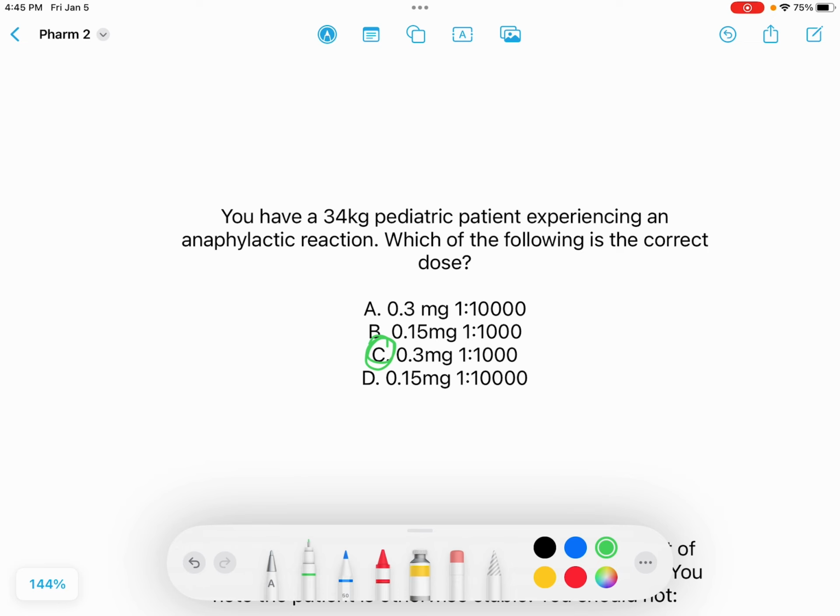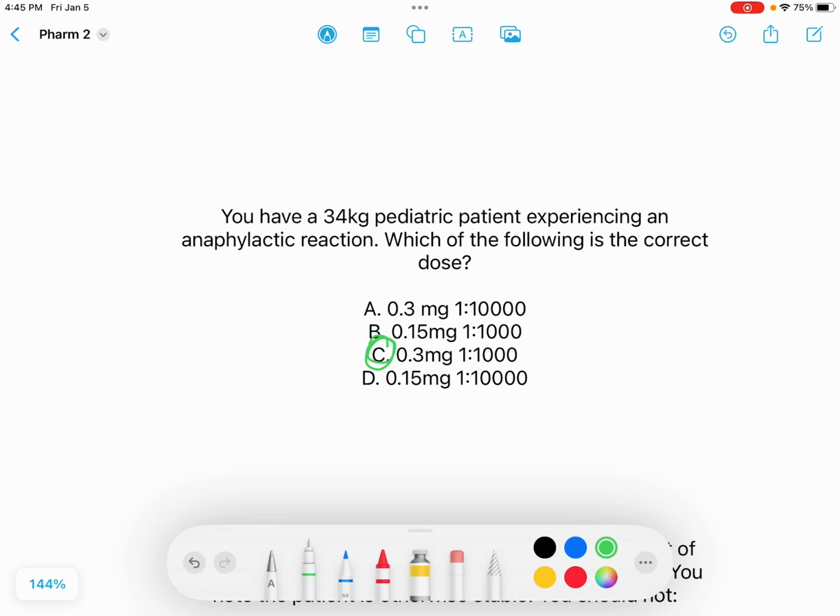But standard dosing is usually around 0.15 milligrams. Now, what if they are at that 30 kilograms or above? Well, we're just going to use the adult dosing at that point. They're big enough to handle that adult dosing. We never exceed the adult dose, even if we had, we'll say, a hefty pediatric patient. Regardless, we don't exceed the adult dose.